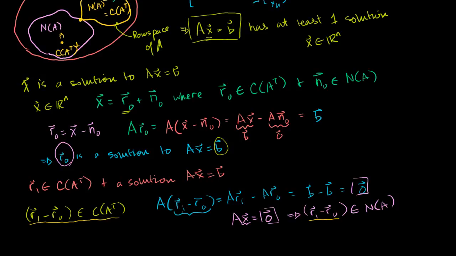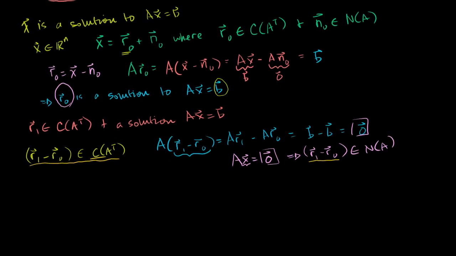These two guys are the orthogonal complement of each other. We drew it up here. So we get that r1 minus r0 must be equal to the 0 vector, which implies that r1 must be equal to r0. When we take the difference, we get the 0 vector.